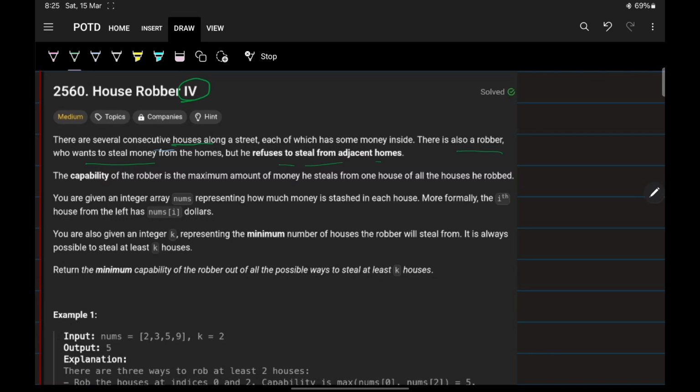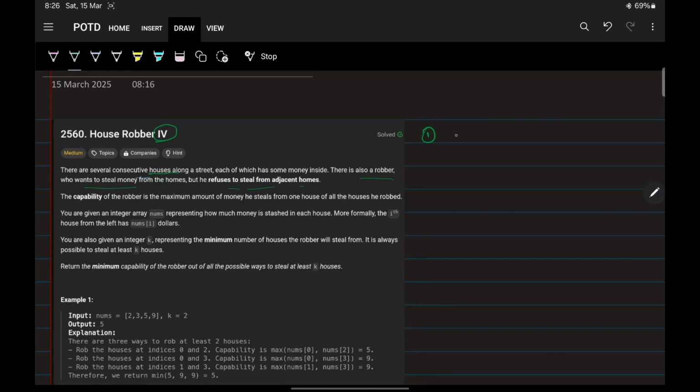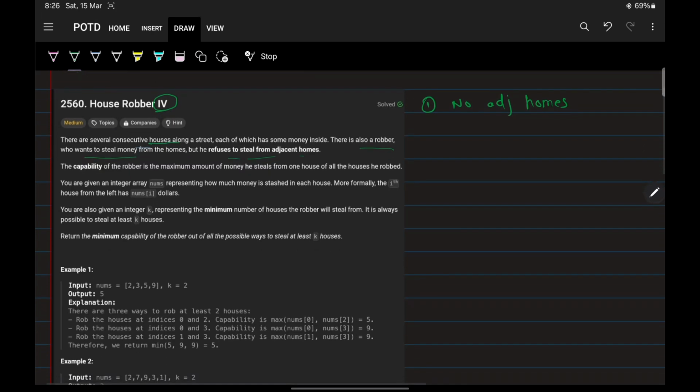This is the same constraint given from day one: House Robber 1, 2, 3 had the same constraint. We can't steal from adjacent homes. This is something we have to make sure of.